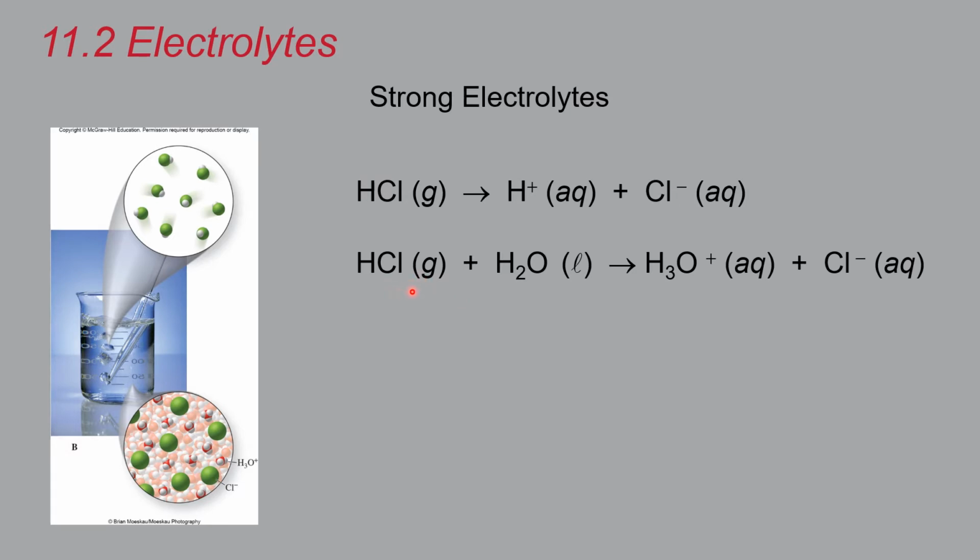The gaseous HCl is reacting with water, and the product is the chloride that we saw before, but there's this thing right here that we have not seen a lot yet. I'm going to show you what this is. This right here is a polyatomic ion called hydronium.